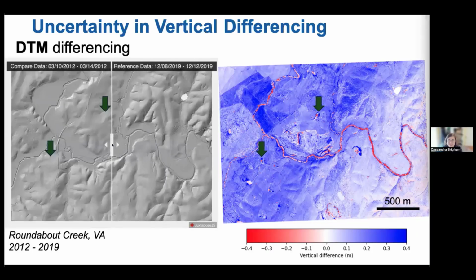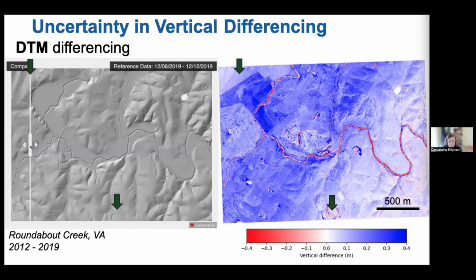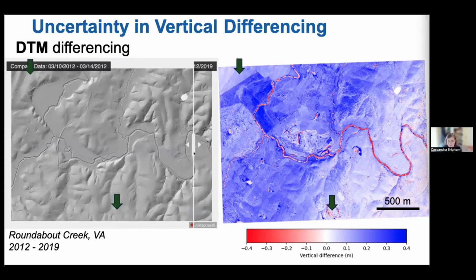The change shown here is an order of magnitude smaller than the change displayed in the differencing map of the DSMs. So at this scale, the areas of no change identified in the DSM differencing map appeared to have experienced up to 10 or 20 centimeters of uplift in this differencing map. In fact, the whole map displays a large scale pattern of uplift, or upward motion, or apparent uplift.